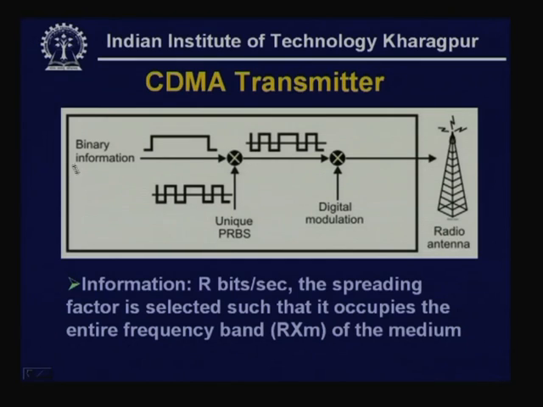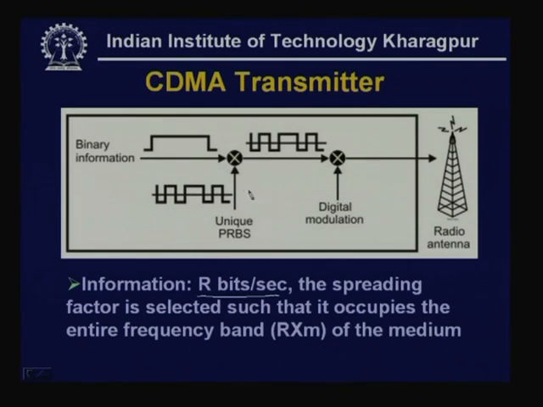The binary information comes here, that 0 or 1, and it is multiplied with the help of that random sequence. If R is the bit rate of the data, then the spreading factor is selected such that it occupies the entire frequency band of the medium.